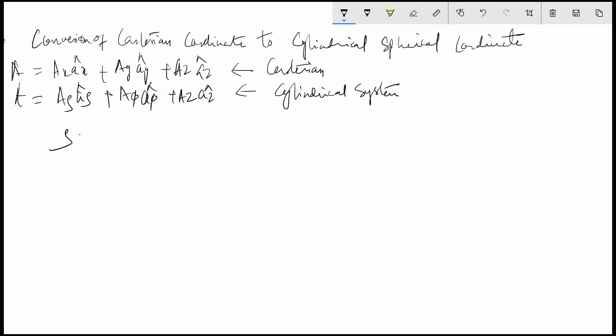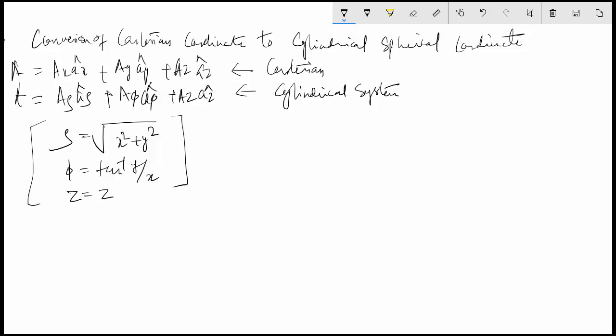And when you are getting the rho, which you got was square root of x square plus y square, and the phi is equal to tan inverse of y by x, and the z will be as it is. So it is possible to convert the values from one coordinate system to the other. This is if you are using the graphical way.